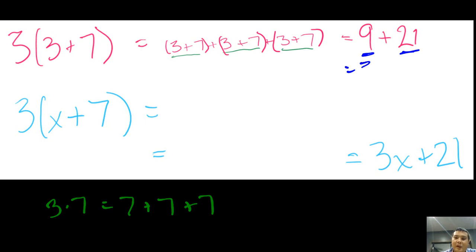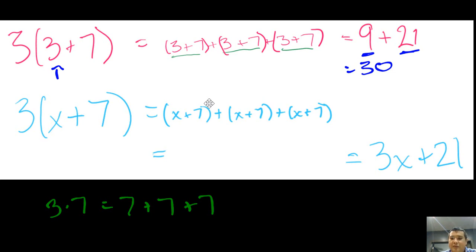Which, as we know, is 30, when we combine like terms or add them together, however you want to think about that. Therefore, if we were to forget what this 3 was and replace it with an x, then repeated addition still applies, and so 3 times (x plus 7) is just (x plus 7) plus (x plus 7) plus (x plus 7).